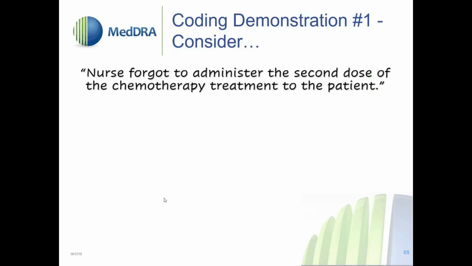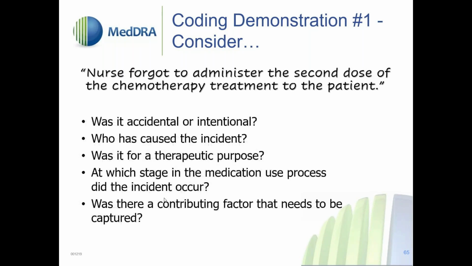Here is our first example. It is reported that the nurse forgot to administer the second of 2 chemotherapy treatments to the patient. So what can we take from this report? Is it reported whether it was accidental or intentional? Yes, we know that the incident happened accidentally.